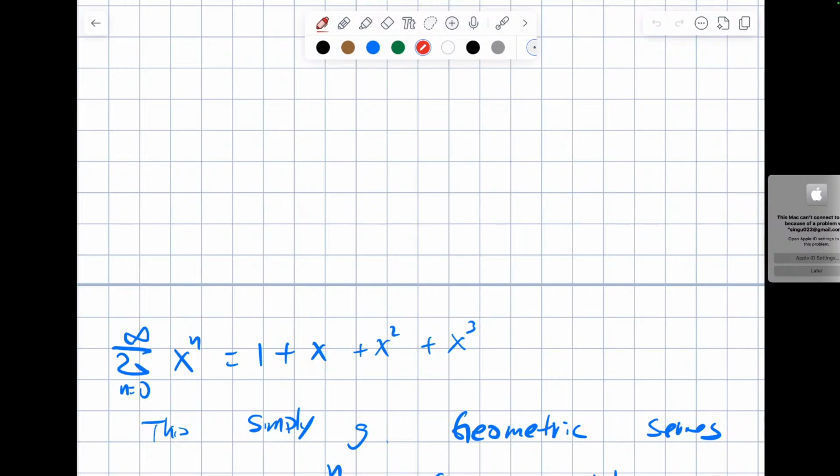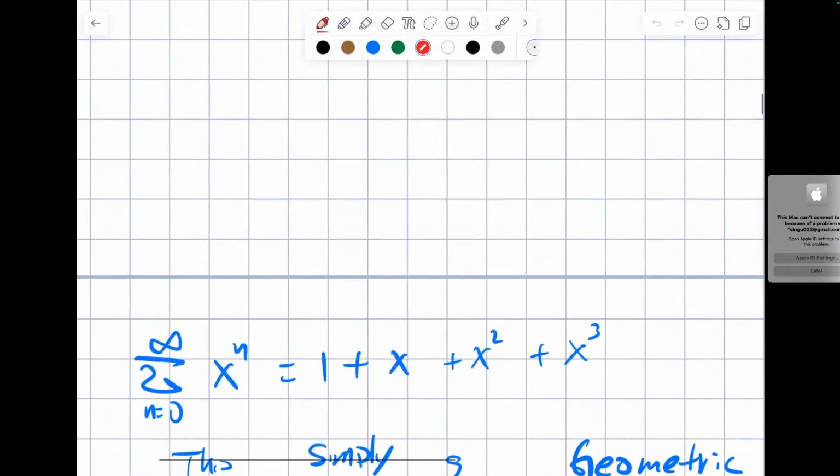And we start with this power series, x to the n, equal to 1 plus x squared plus x cubed. And the way you think about this is, hey, this is just some type of power series.